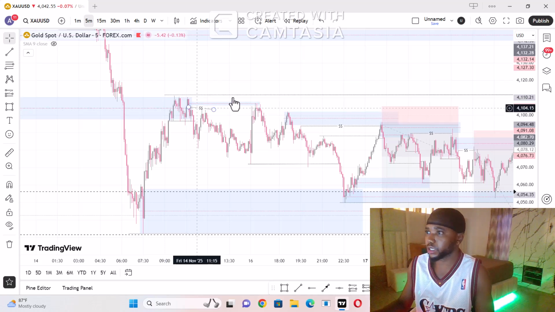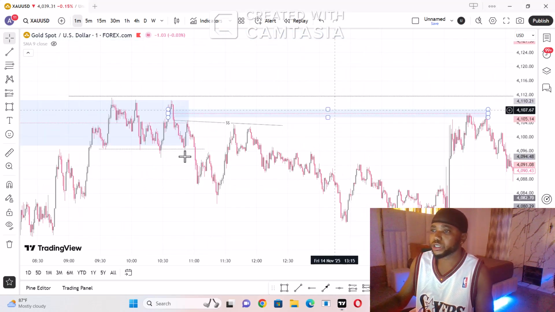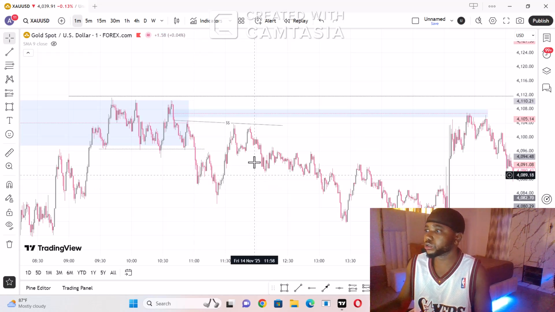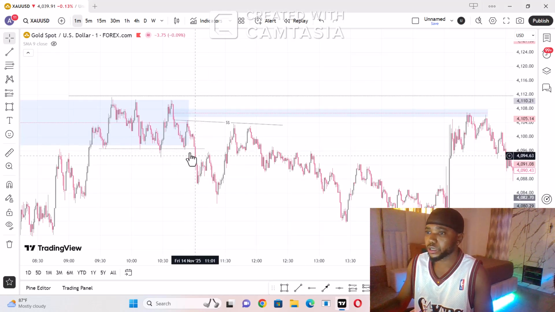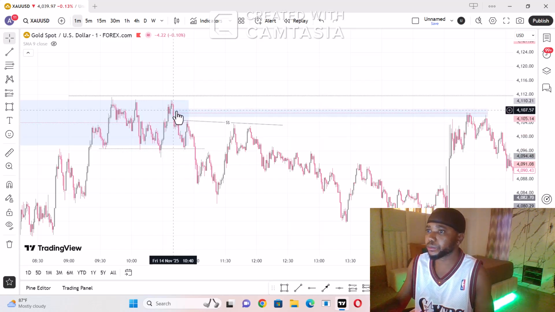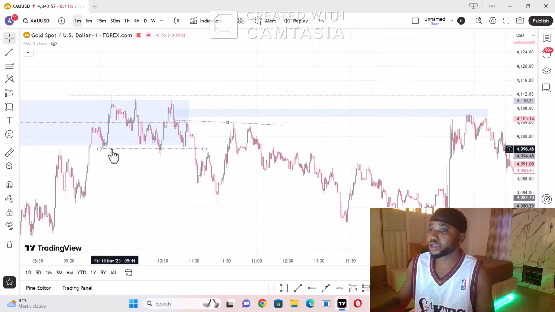If we go to 1 minute, let me go to 1 minute to see clearly. So this is what the market looks like in the 1 minute time frame. When the market takes out this last low, then the market went all the way up. This is like liquidity, because we have to look at the back of this last high before the market took out this last low.